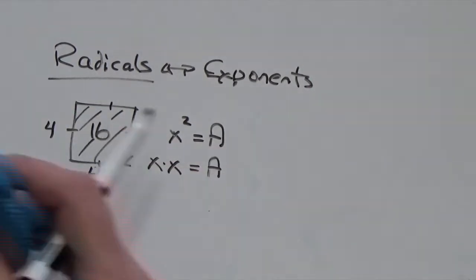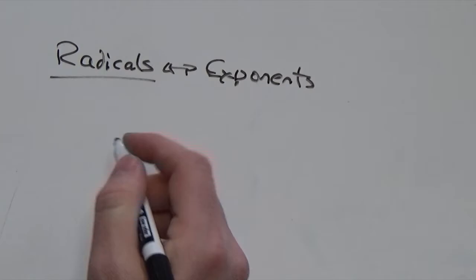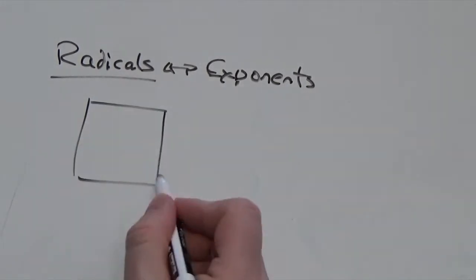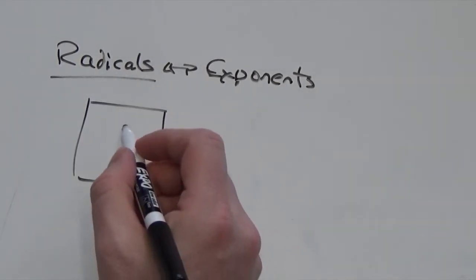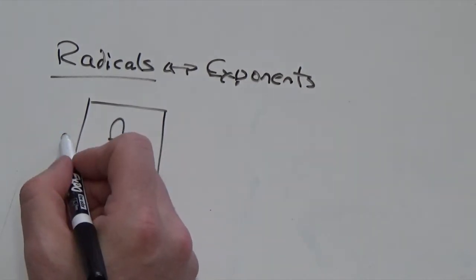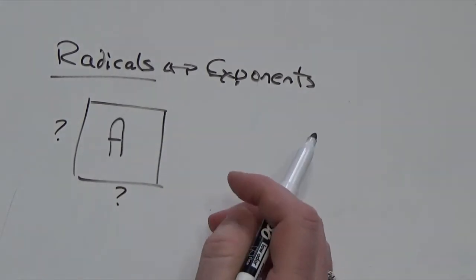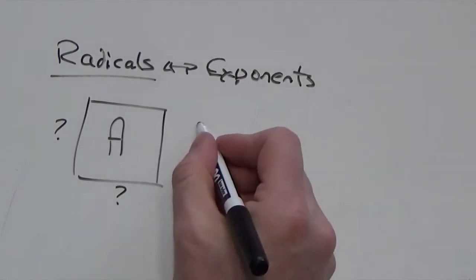With that in mind, let's take this a little further, because what happens when you know the area and you want to know what the sides are? Now I know what the area is, and I'm interested in what these sides are to produce this square. To do that, we use this symbol.